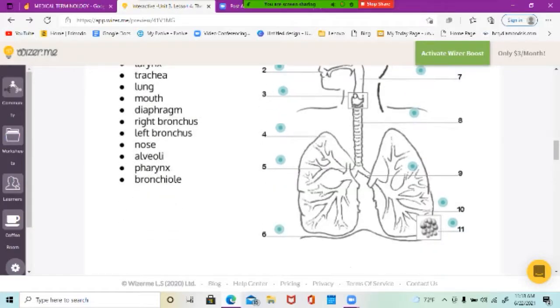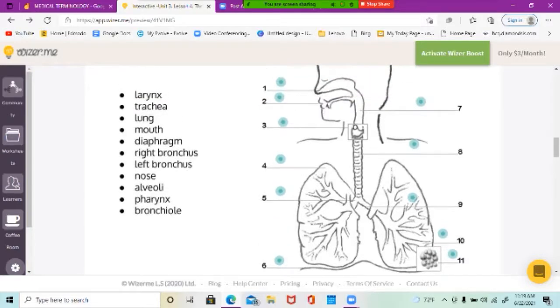Number 6? Would that be the diaphragm? Diaphragm. Okay, number 7? Where is 7? Pharynx.